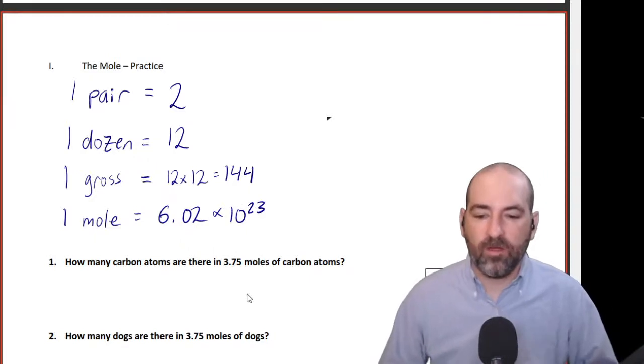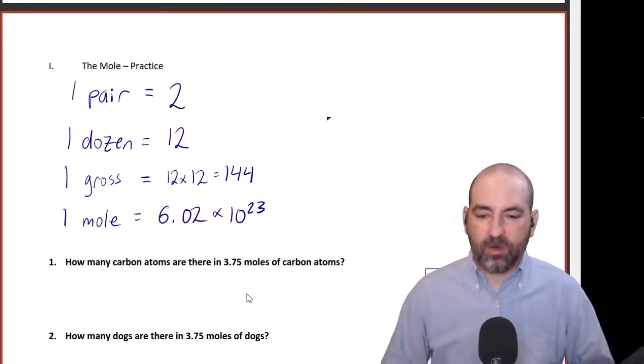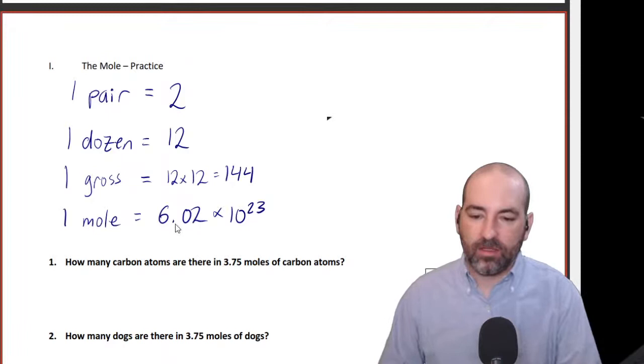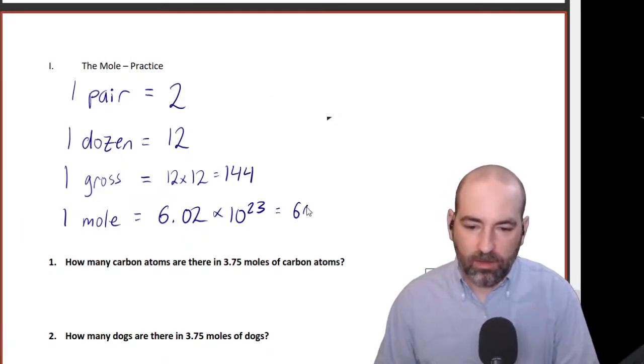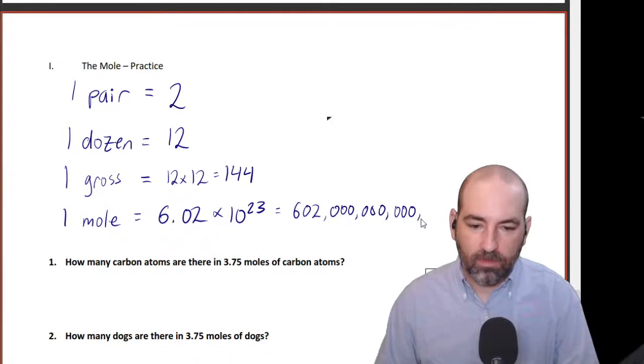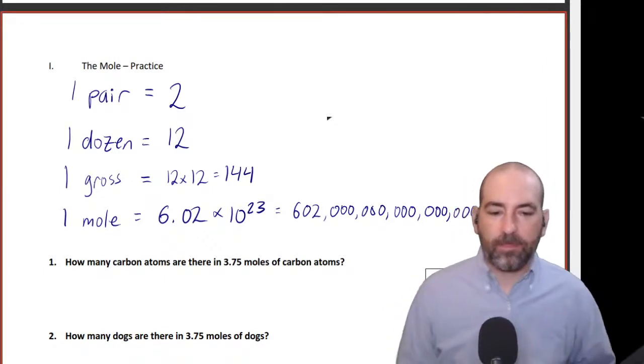So a very, very, very big number. 10 to the 23 means that it's going to be 6. Well, you know what? Let's write it out so you can see. Okay, that's what that number looks like.